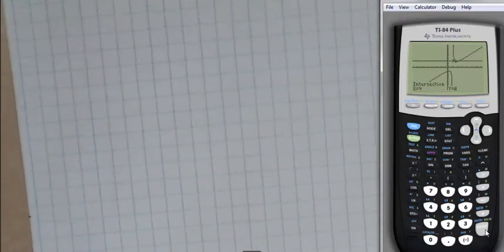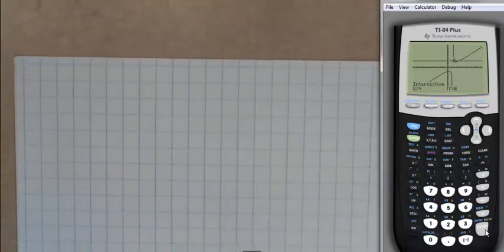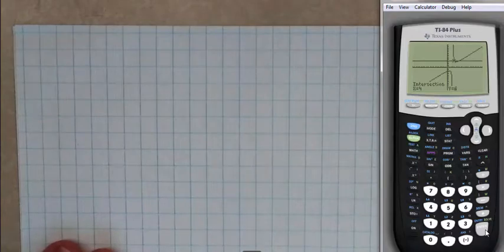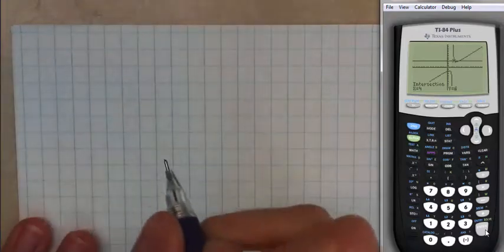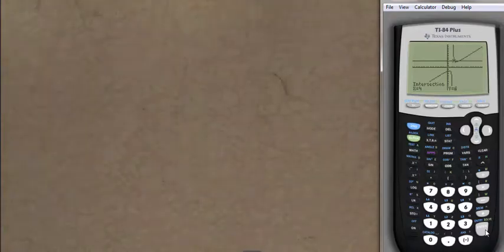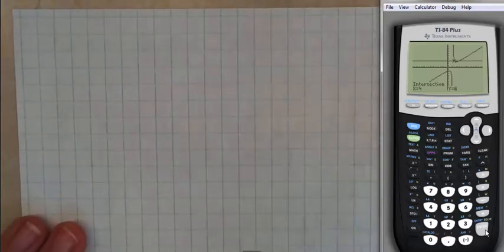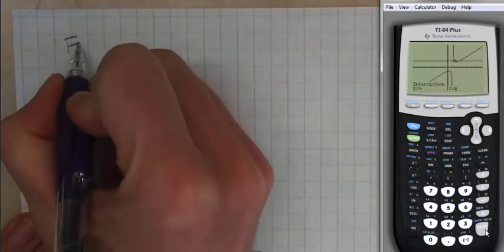Let's do another one. Same exact, oops, I think I just used the wrong one. Hold on a second. Same exact, one of the equations is going to be exactly the same.